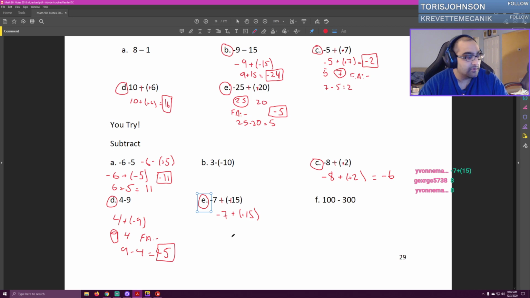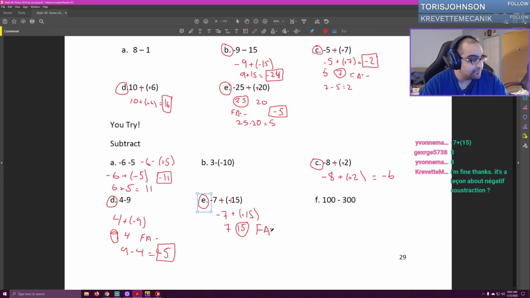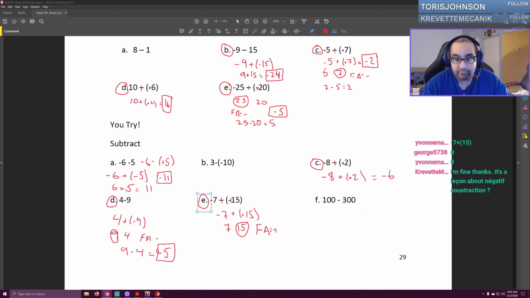8. Okay, very good. So again, we compare the two numbers here, 7 and 15. 15 being the bigger number, our final answer here is going to be positive.